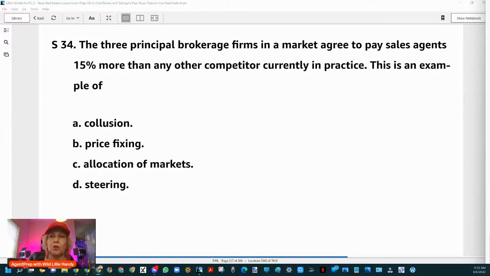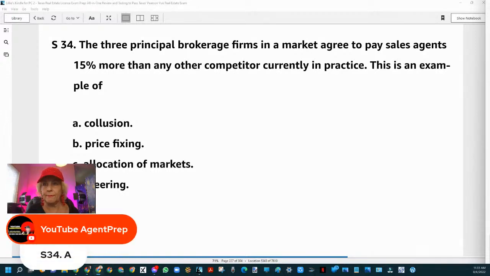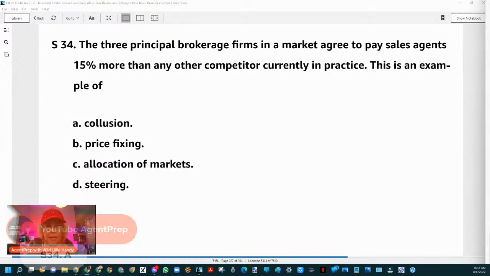So it is called collusion, which I've never used in my years of real estate. Never use the word collusion, okay? So 34A.